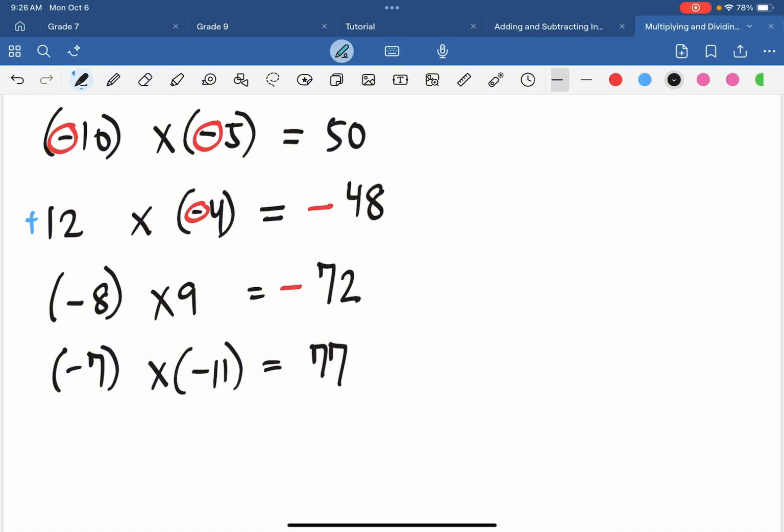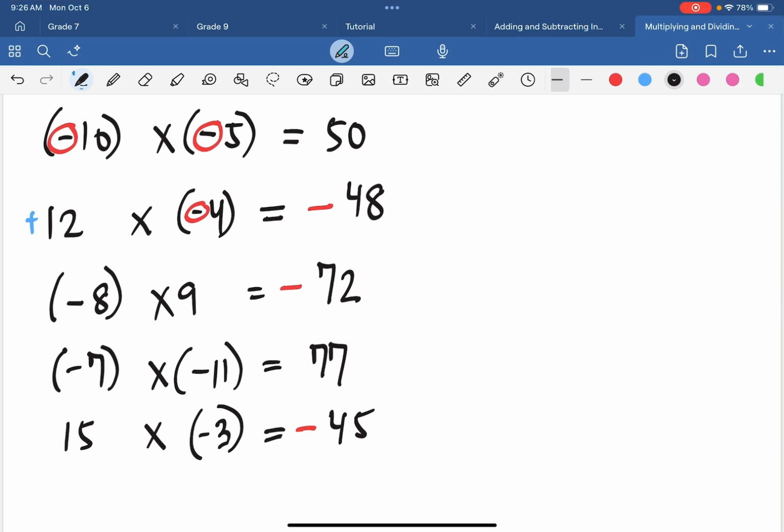And last one for multiplication, let's have 15 times negative 3 equals, we have positive times negative, so obviously this one would be negative. Okay, so negative, and then 15 times 3 is 45. So here are just 5 basic examples in multiplying integers.